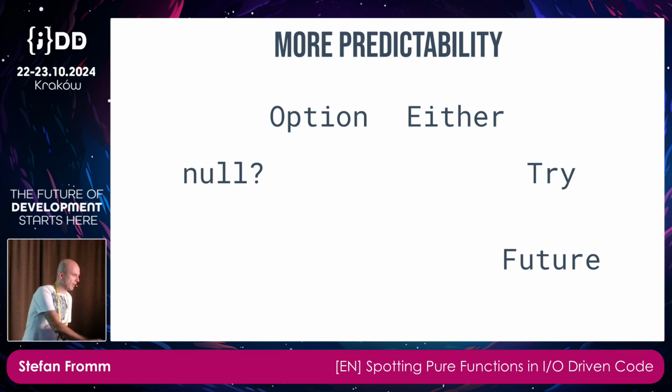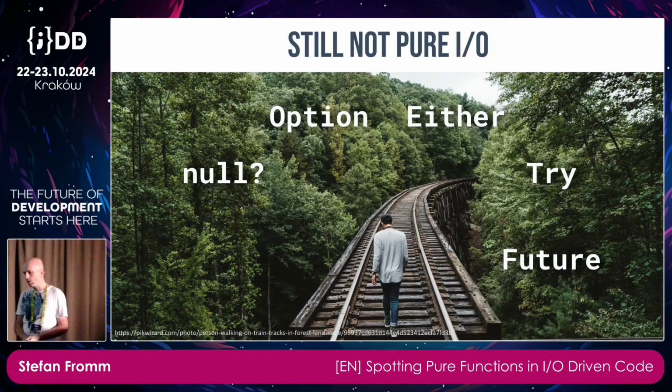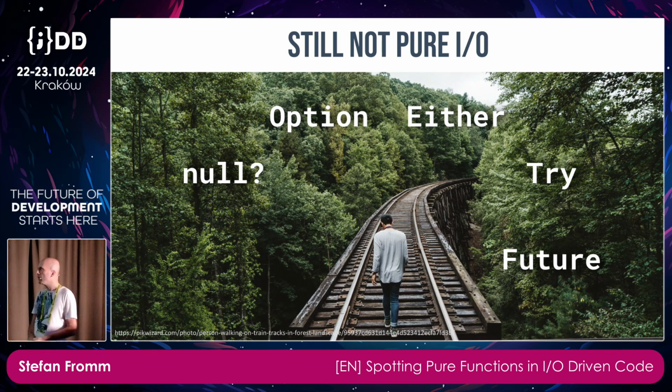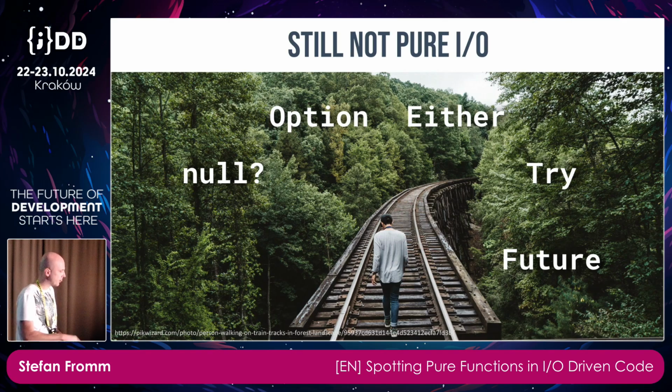But all of this is not for doing IO in a pure way. With the futures, it somehow depends how they are implemented. But the standard futures in Scala do not allow for pure IO.